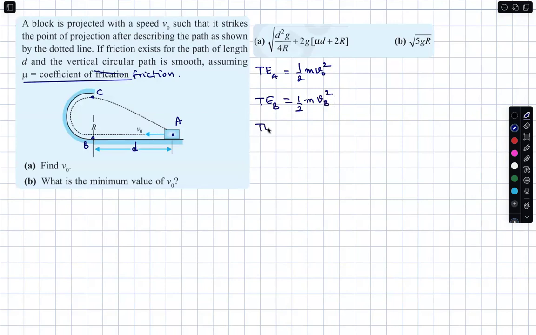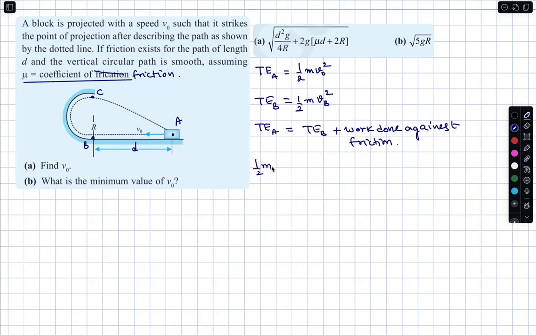Remember, total energy at A is total energy at B plus work done against friction. Why? Yes, you are definitely wasting some energy in this.